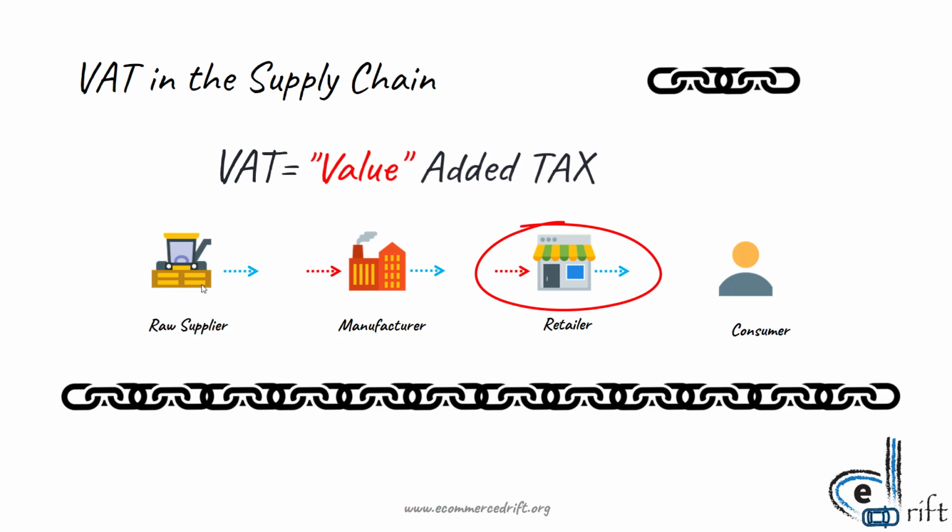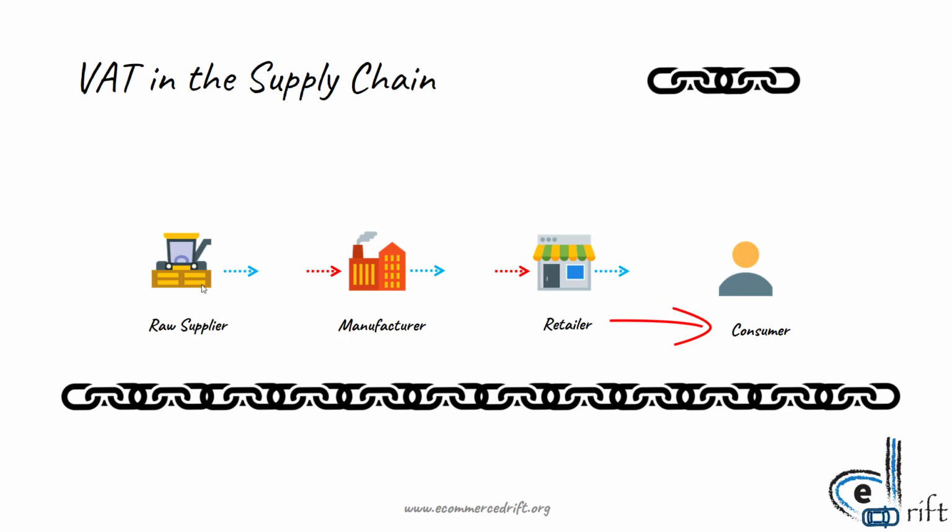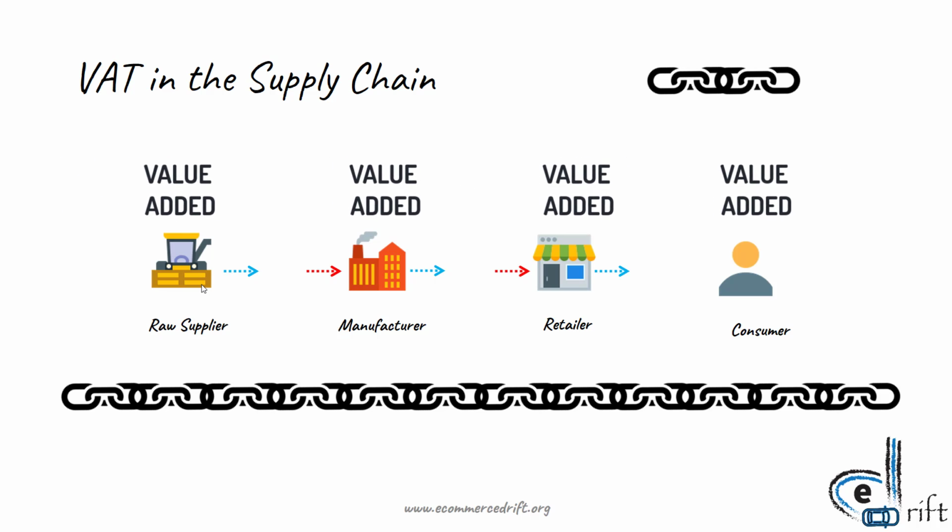The retailer is selling them to the consumers, so it's a central point for the consumers. Retail stores can have branches in every city and every town and be present for the consumers. So everyone is adding value to the supply chain, right?